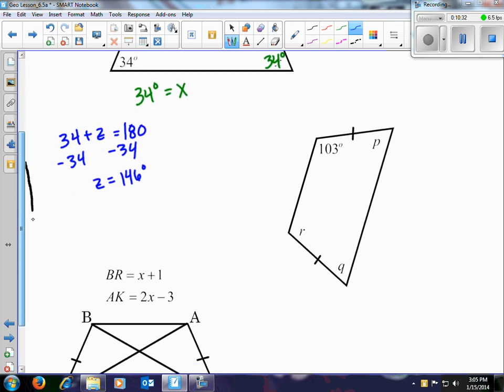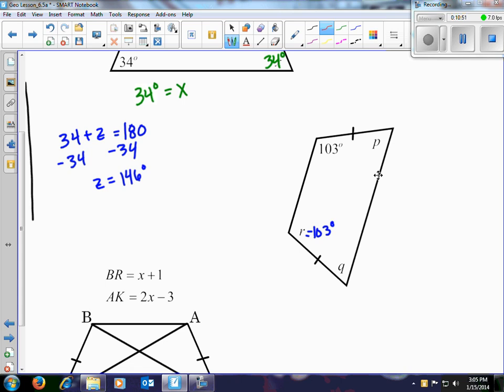So now let's do it again. I know that this one is 103 and my base angles are equivalent. So that means my r is equal to 103 degrees. I also know that r plus q, or 103 plus p, is equal to 180.